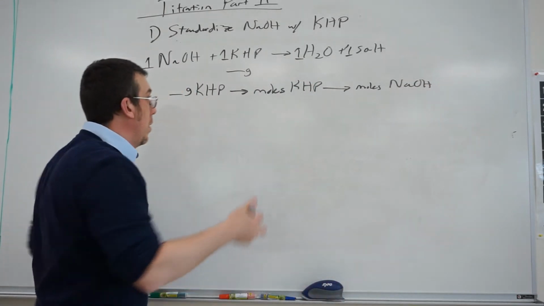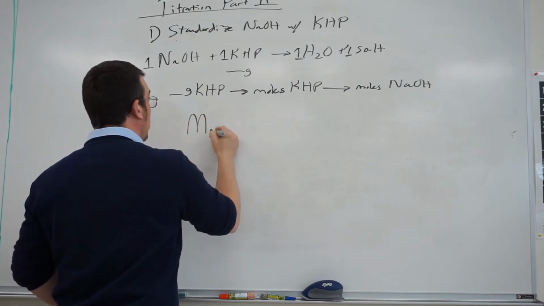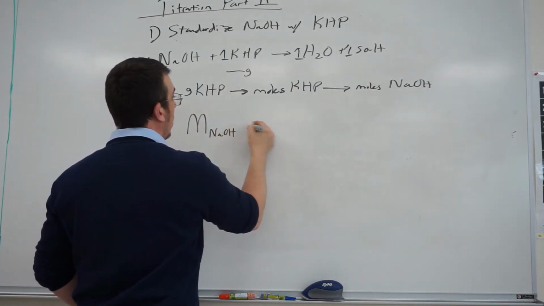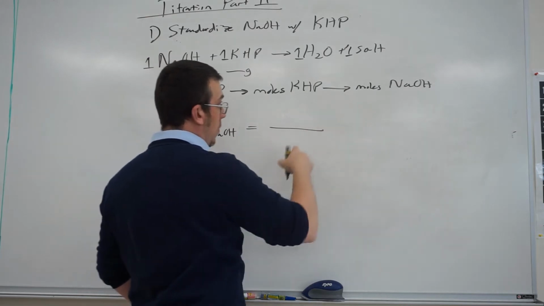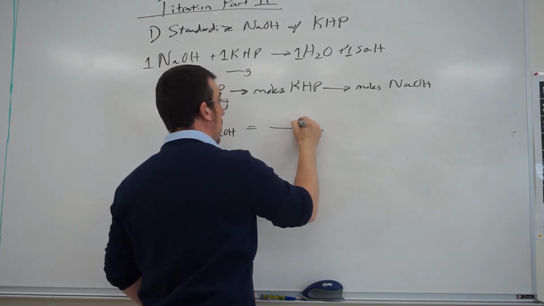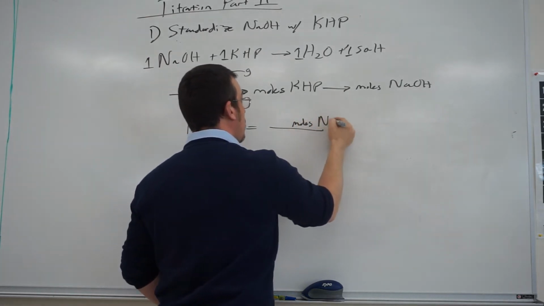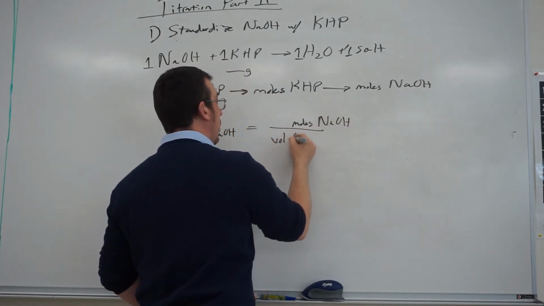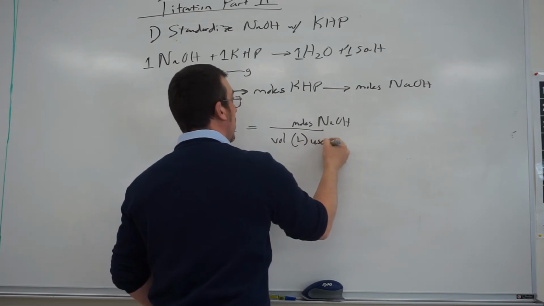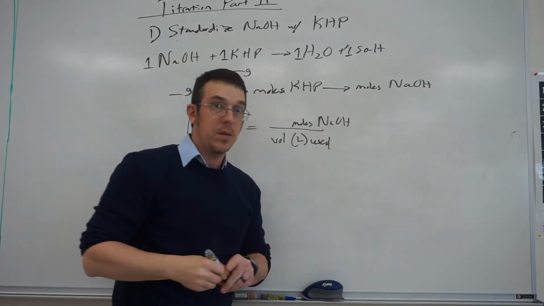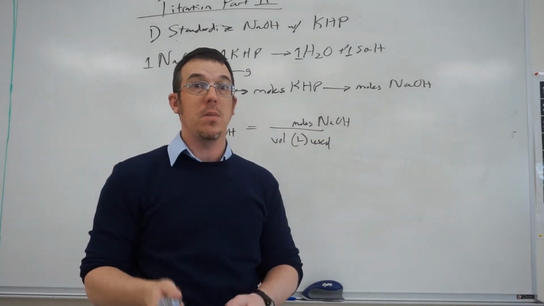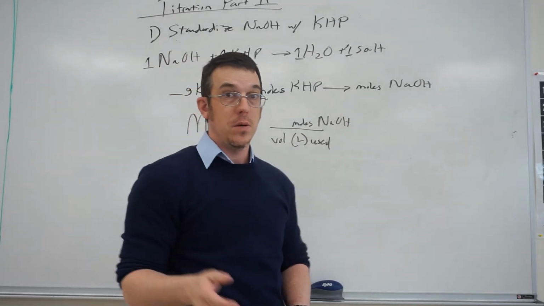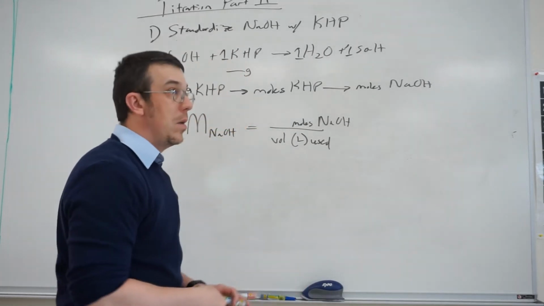To do this, we need to know first how many moles of NaOH we reacted with, which is coming from this calculation here. And then you need to know the volume in liters used of sodium hydroxide. That comes from the readings on the burette that you're going to be provided on Moodle.